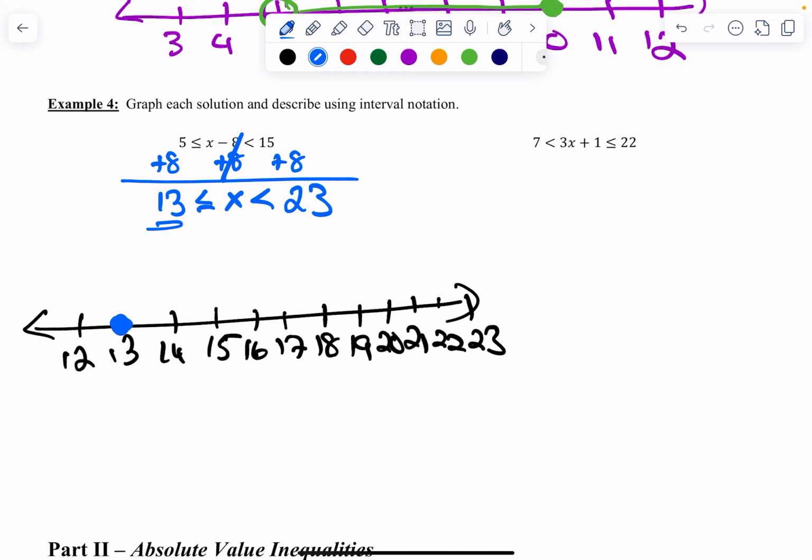We go all the way to the right to 23. That is not included, so it will be a circle, and it's all the numbers in between these numbers. So interval notation, 13 is included, so a bracket. 13, 23 is not included, so close it with a parentheses.